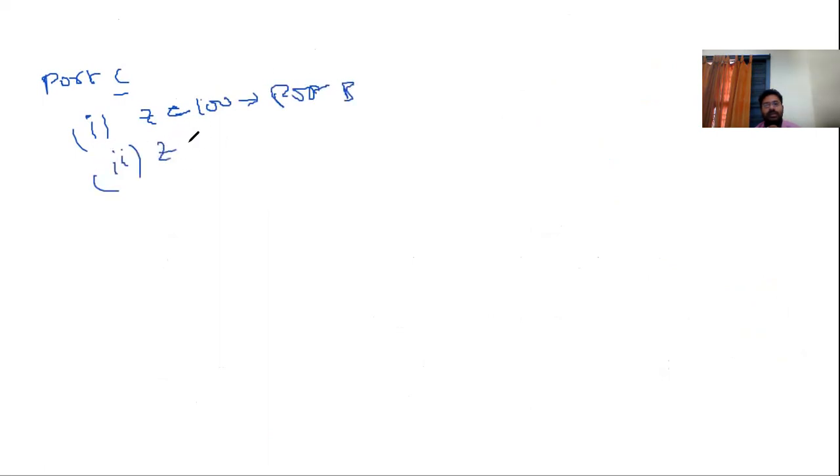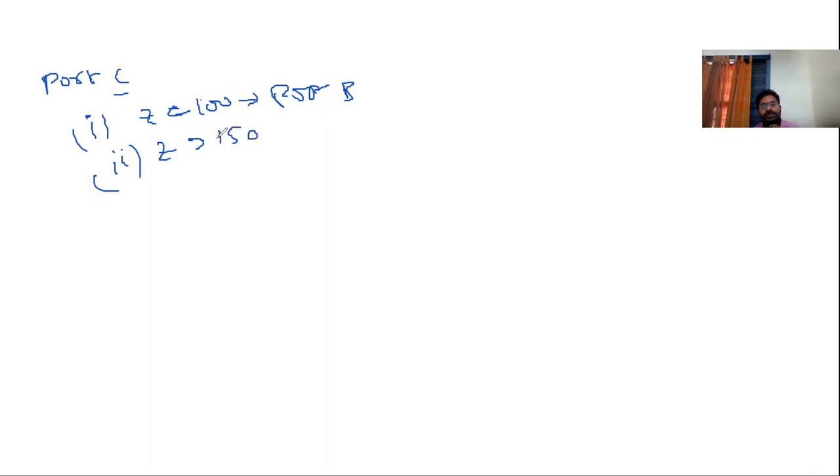Again port C, you receive the information from port C. So I will consider three conditions here. For Z less than 100, again the same, port B. What is the second condition? Z greater than 100, for suppose up to 150 value.